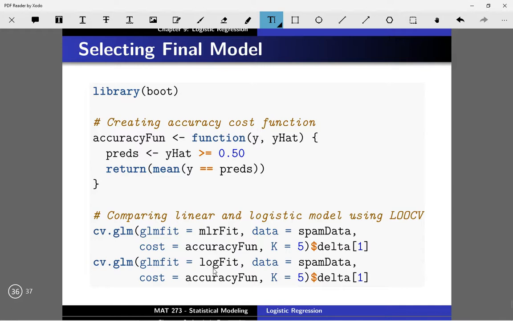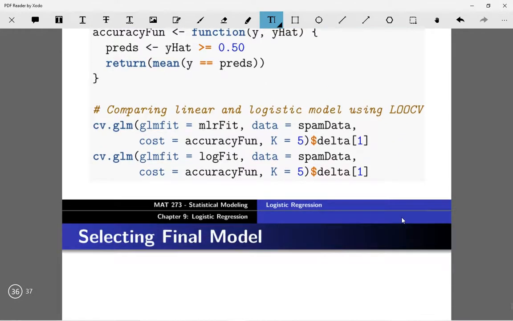So there's 300 different emails we can leave out. Then we see how well the model does in accurately predicting the status of that one left-out email. So we'll get 300 total predictions. We can do that for the multiple linear regression model and the logistic model, and the idea is we want the model that is the most accurate in predicting for these left-out emails.